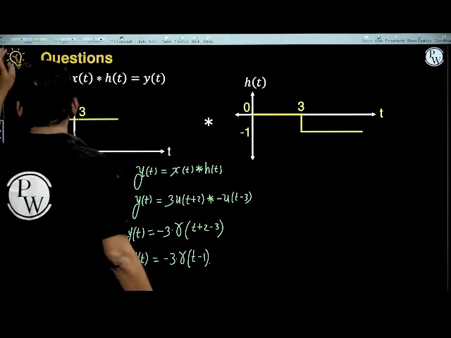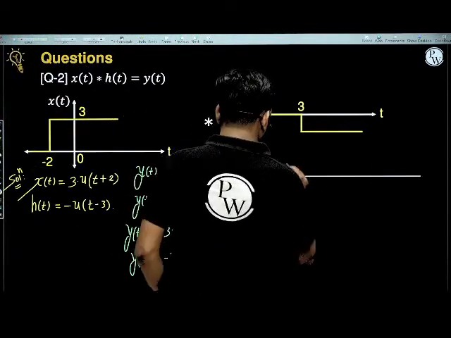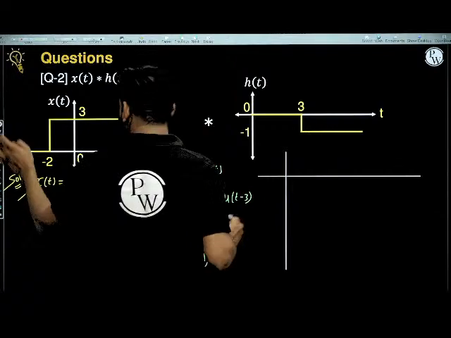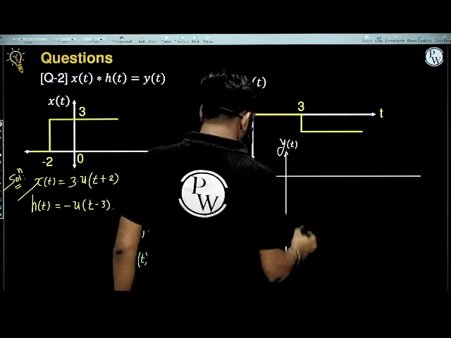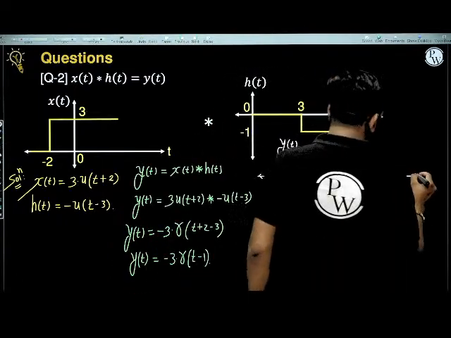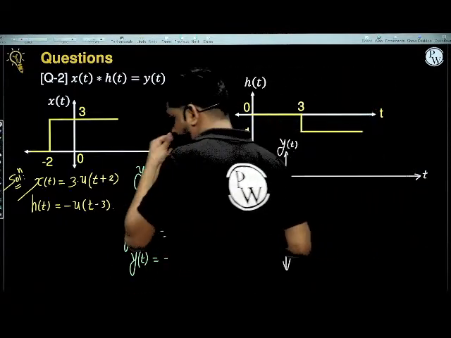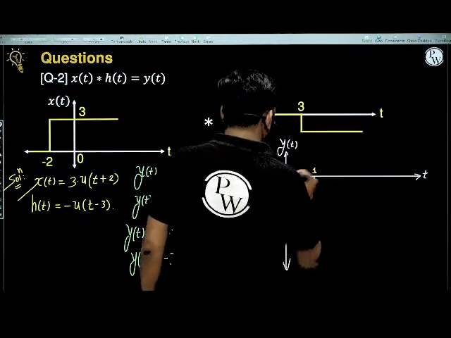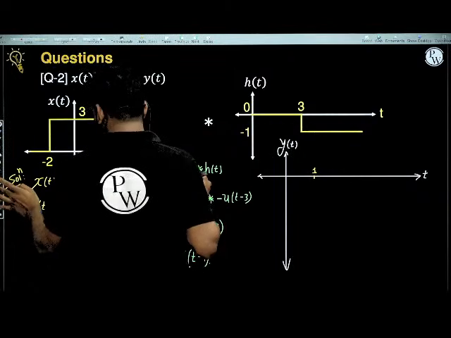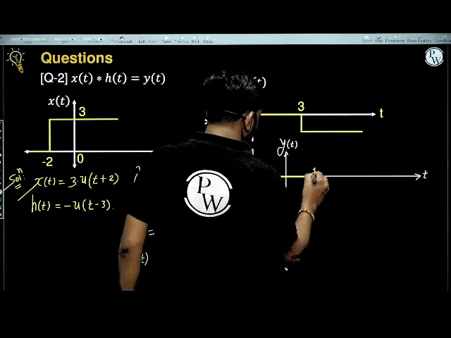Okay, so the resultant signal will be, see, starting from plus 1, guys, and going towards the right side. That's why for t less than 1 the answer is 0.